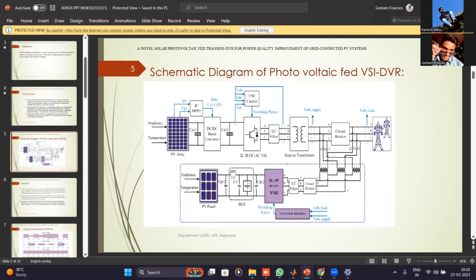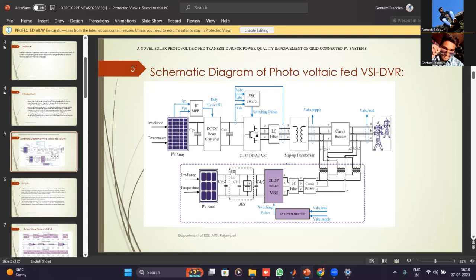VSI is widely deployed as the interface of the grid connection for renewable energy sources. However, VSI has limitations. That's why we have used TransZSI in place of VSI and ZSI. VSI has problems related to shoot-through and voltage boosting, since we have only a buck feature in VSI and ZSI.